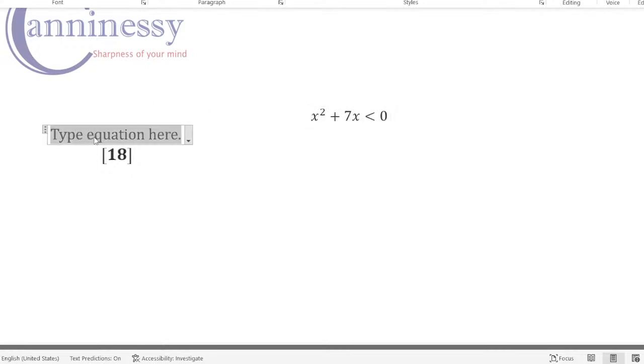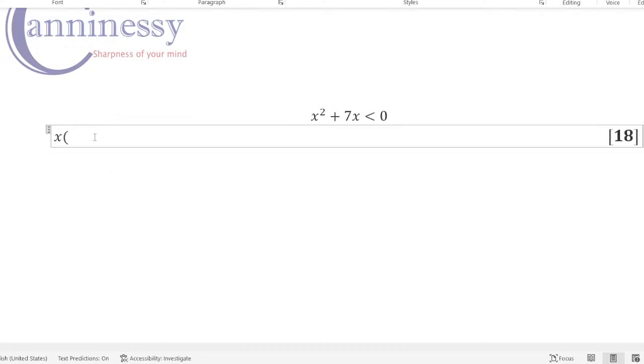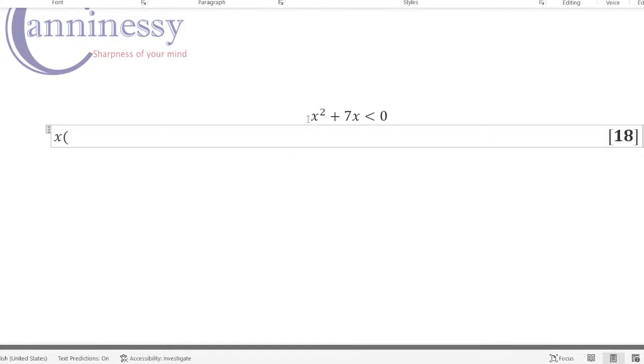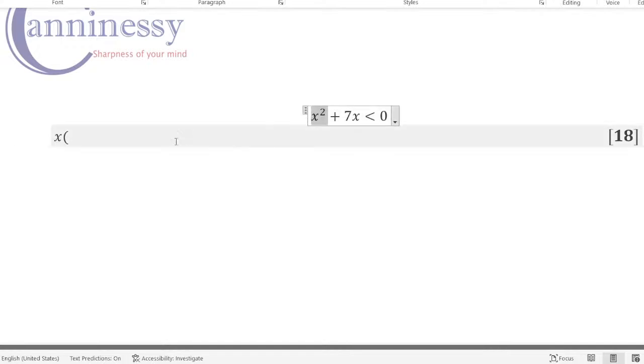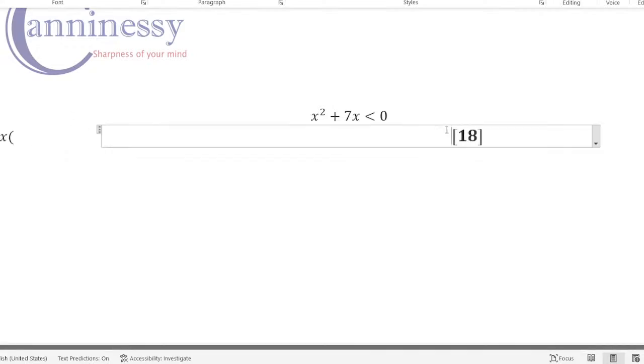So here, if you can notice, we have a common factor. In this case, our common factor is x. So we're going to take out x. We open brackets. So x squared divided by this x, we will be left with x, right?